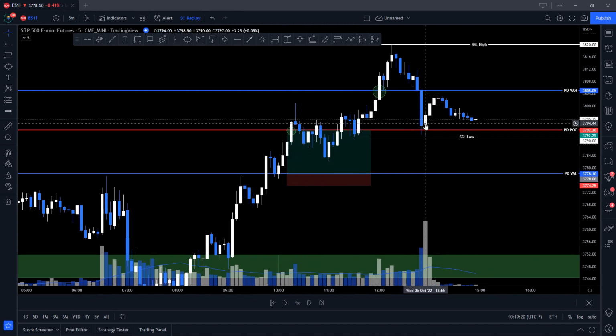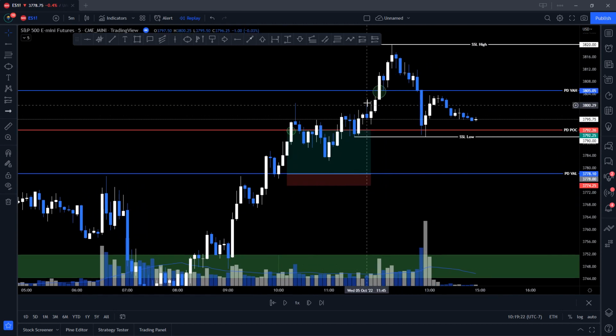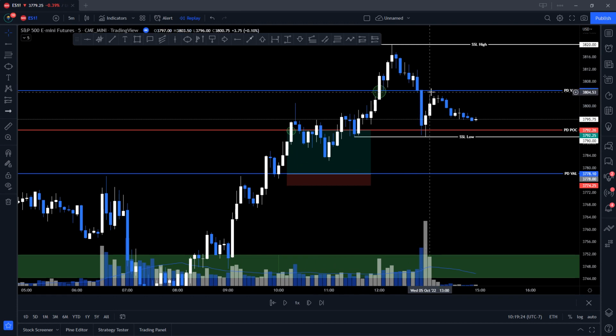This also happens in the inverse. So we base outside, 3 candles close, you would take puts down. Your first profit target is going to be the previous day POC. You would trim here and then hopefully get all the way down to the previous day value area low and sell your runners here.